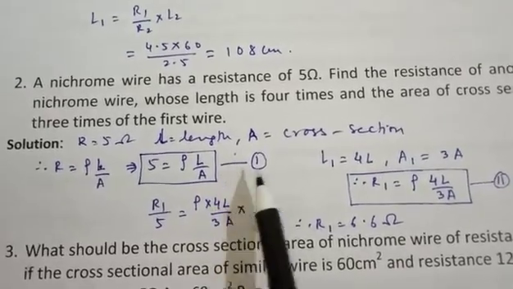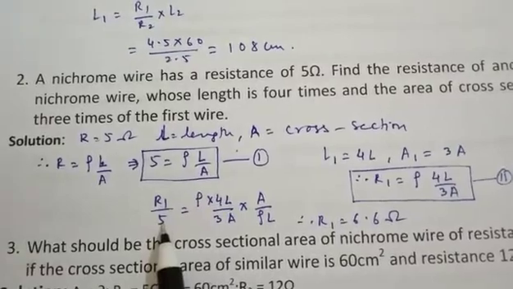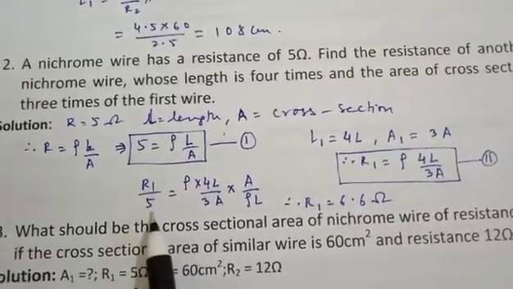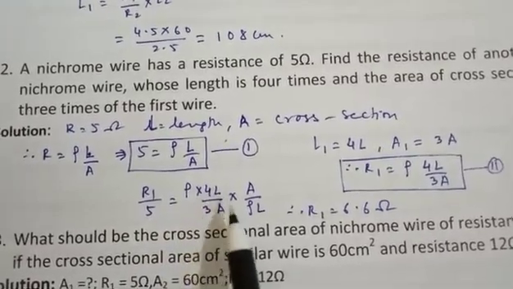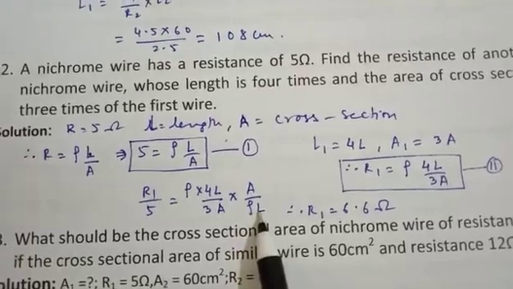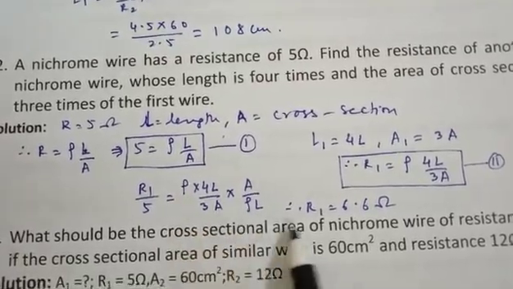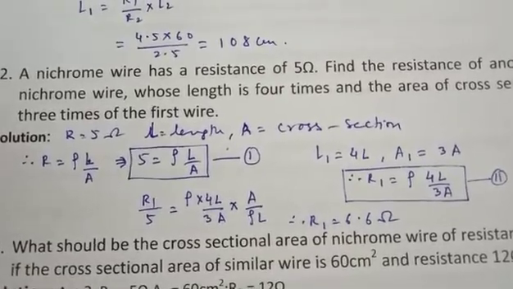Now what we are going to do, we are dividing 2 by 1. This is the step here. So R1 by 5 is the LHS equal to rho into 4L by 3A into A by rho L. Now after the calculation, we are going to get the value of R1 as 6.6 ohm.